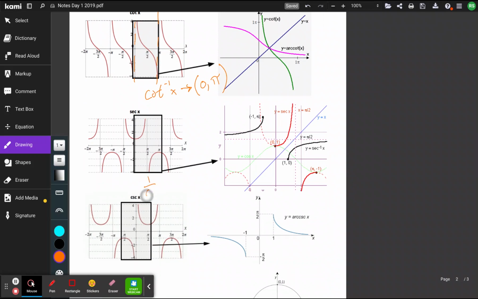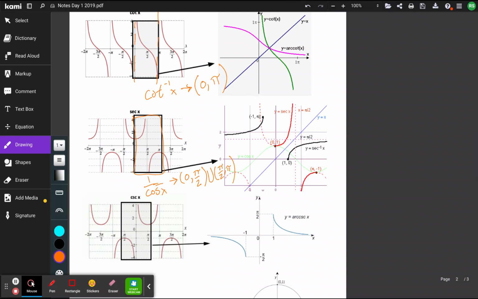Secant is the reciprocal of cosine. So again, we're looking at that same window that we did for cosine from 0 to pi. But with secant inverse, it's going to be 0 to pi over 2 union pi over 2 to pi, because we have to keep in mind that with secant and cosecant, we also have vertical asymptotes that are going to take place there.